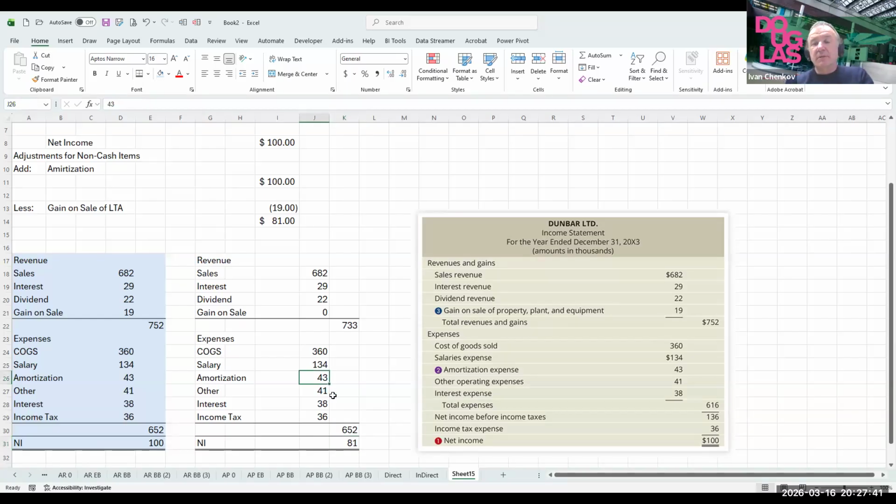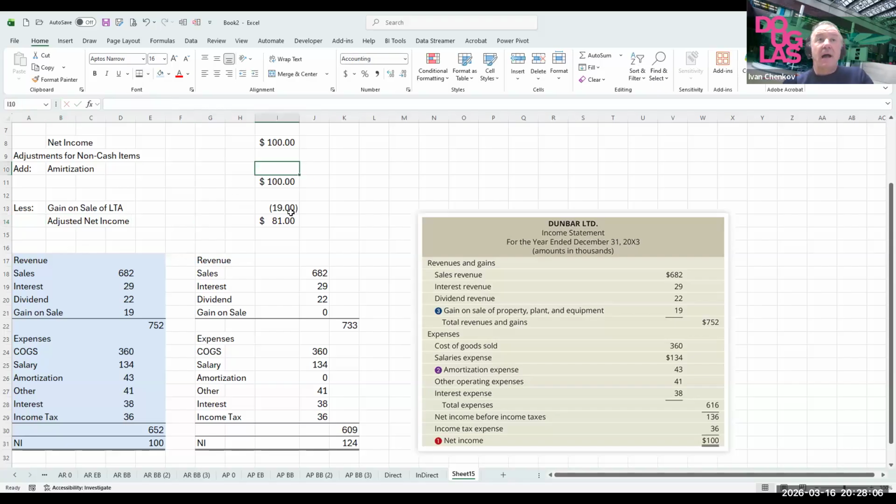Let's get rid of the amortization, 0, and get rid of the gain. Where's my income? 124. So that means here I have to achieve the adjusted net income, which will be equal to the cash income.